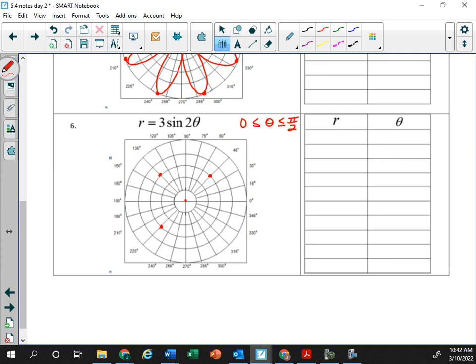And again, this is if I was graphing the entire thing. When you're graphing a sine graph, does it start at the pole or at the end of the petal? The pole, okay. So I'd start at the pole, and I'd go here.